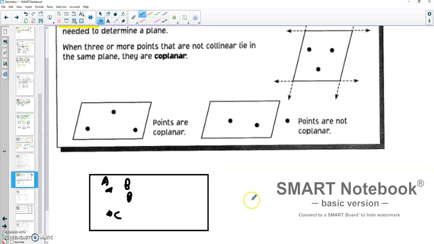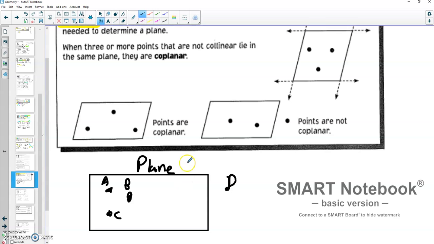Now, tell me, where would I draw point D if it was not on the plane? I'll put it over here. It's not on our plane. And sometimes you have to label it.